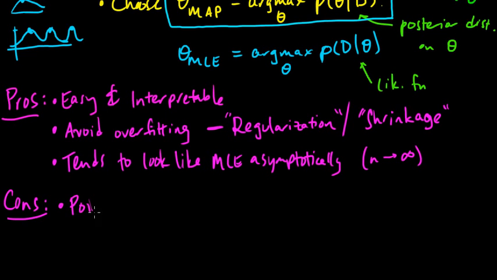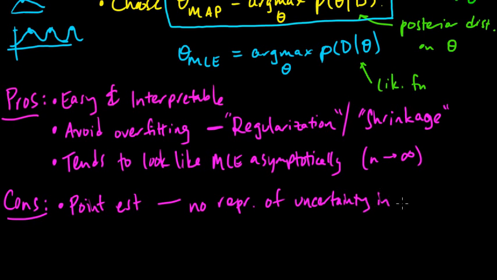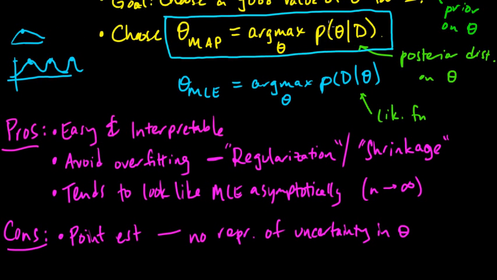Just like the MLE, it's also a point estimate, and it comes with all the same disadvantages, which is, in particular, you have no representation of your uncertainty in the value theta. The ideal thing would be to take the whole posterior distribution and use that to represent your uncertainty.